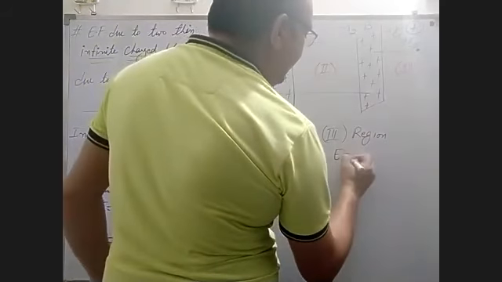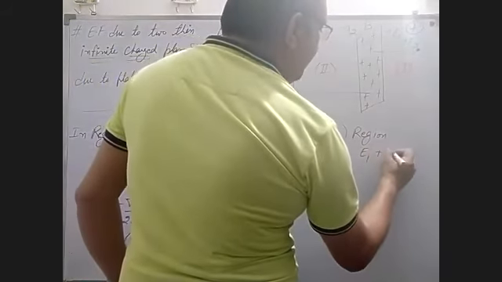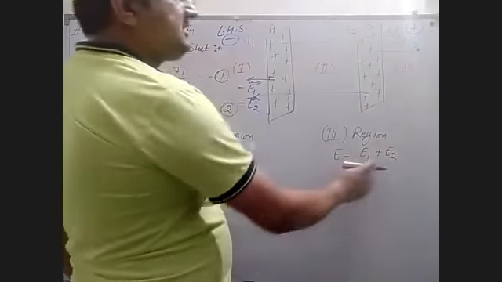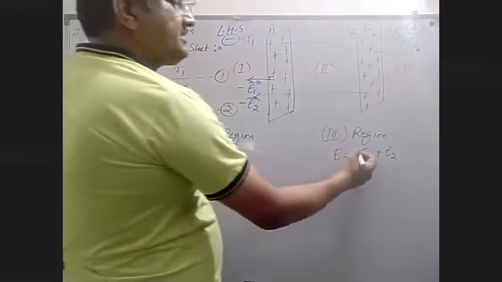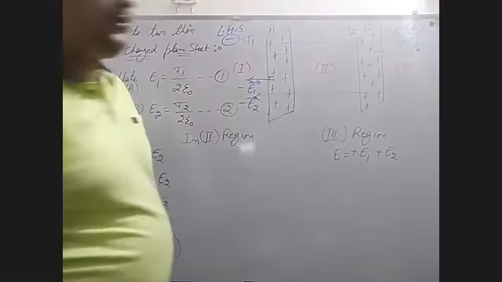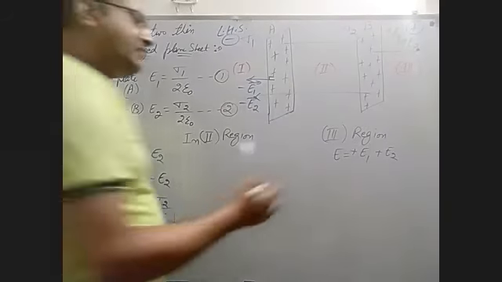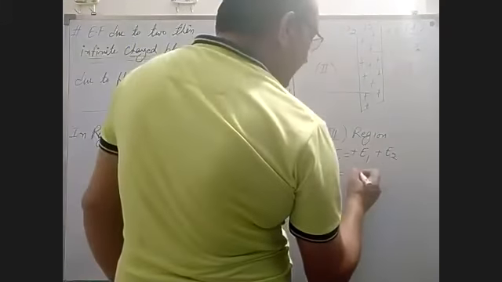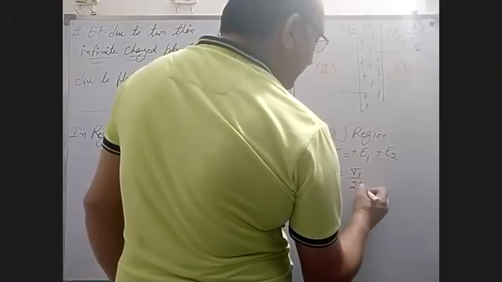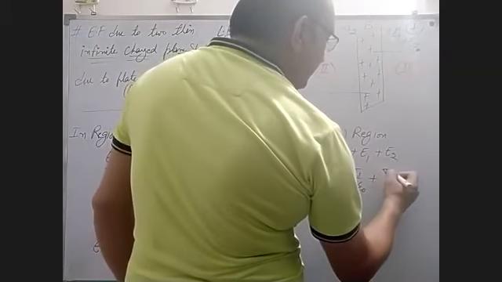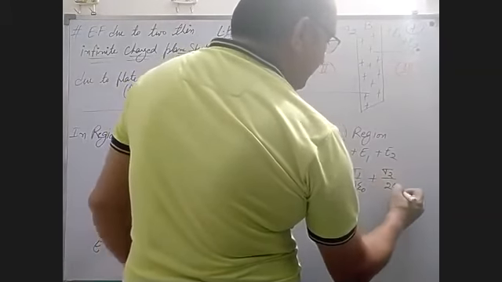Okay. Now for region third, net electric field is equal to E1 plus E2. And there is no need to change the sign because E1 is also plus and E2 is also plus here. Now again put the values: sigma 1 upon 2 epsilon naught plus sigma 2 upon 2 epsilon naught.